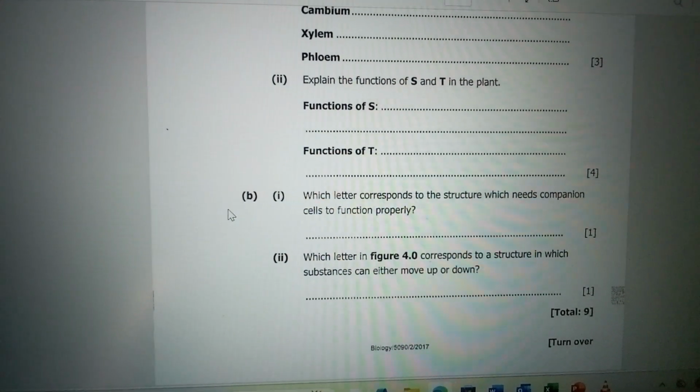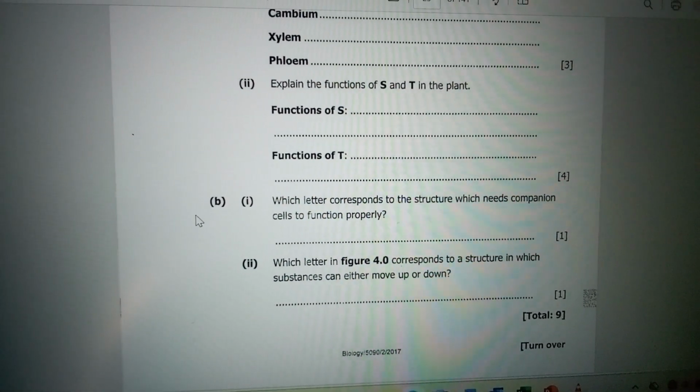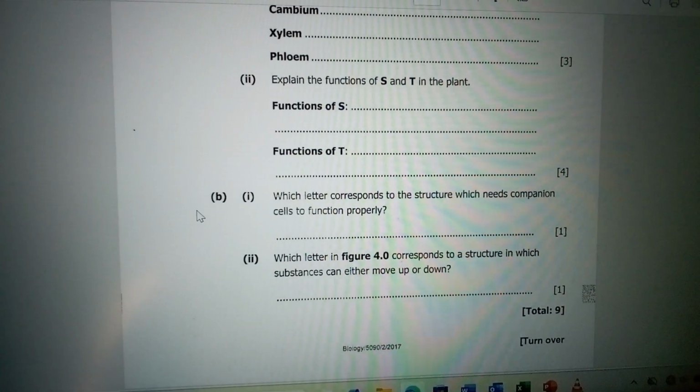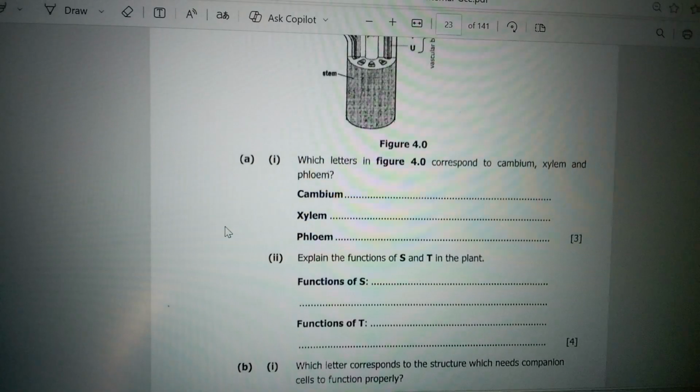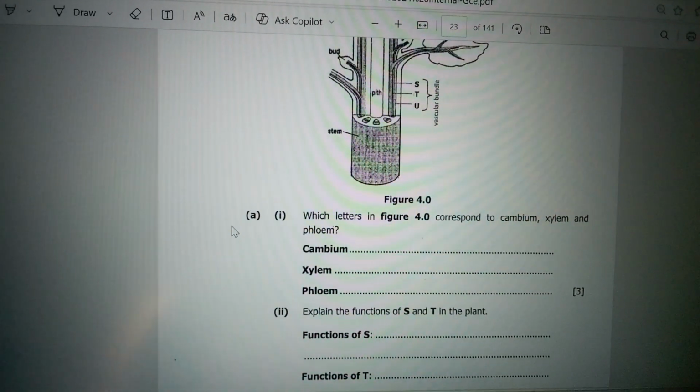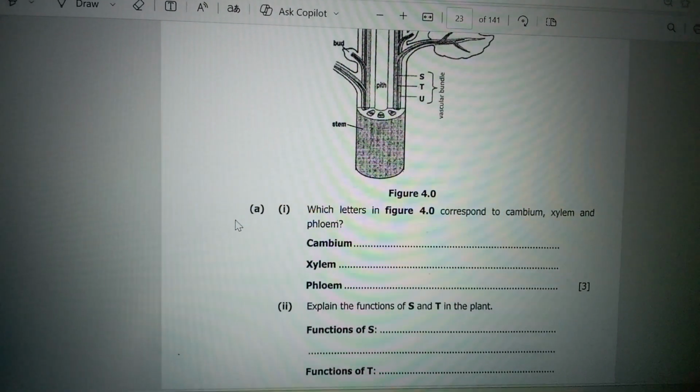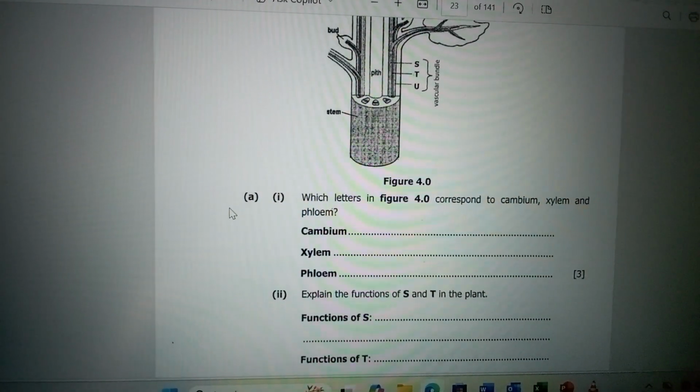Second, they are saying explain the functions of S and T in the plant. So S, that is xylem, and then T, that is cambium.